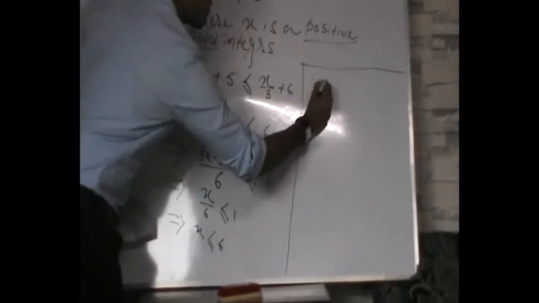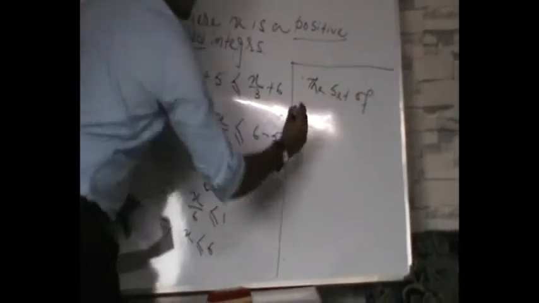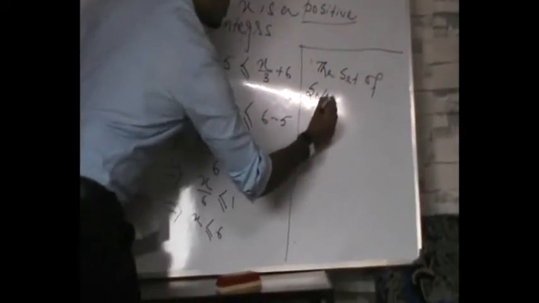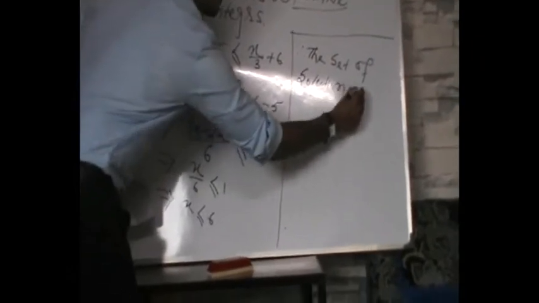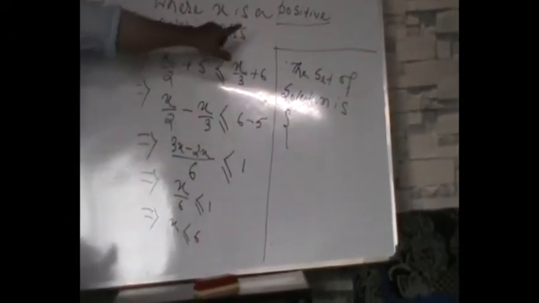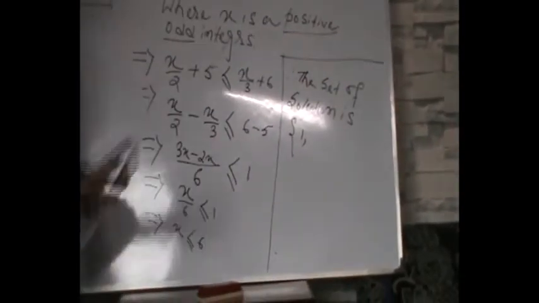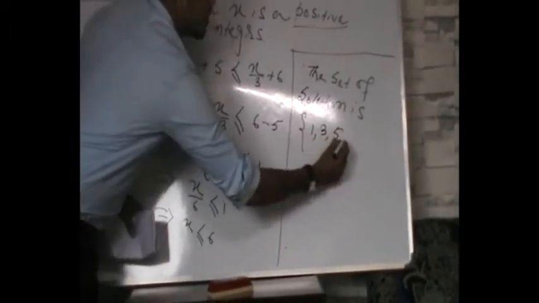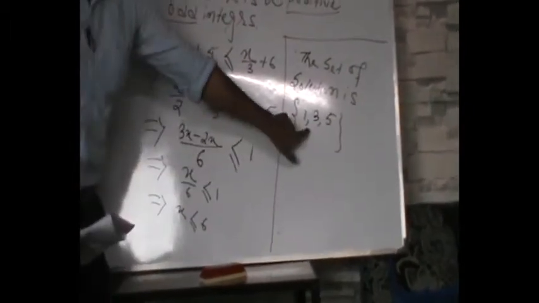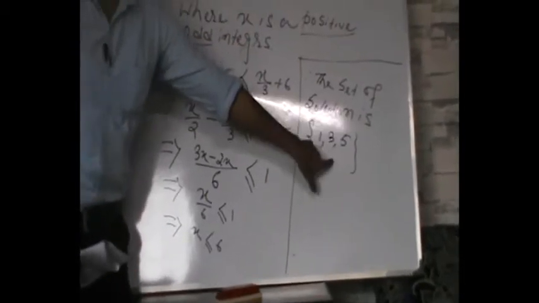Therefore, the set of solution is, it indicates x less than equal to 6, and it's mentioned positive odd integers. That means the first number is 1, second 3, and third one 5. That is the answer, because we know that 1, 3 and 5 are odd positive integers.